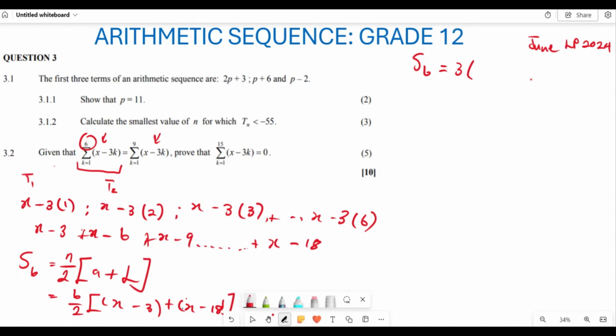Remember, x plus x is going to be 2x, and negative 3 minus 18 is negative 21 if I'm not mistaken, right? Then I can multiply with a 3. This is going to be 6x, and 21 multiplied by 3, I think this is going to be 63, right?